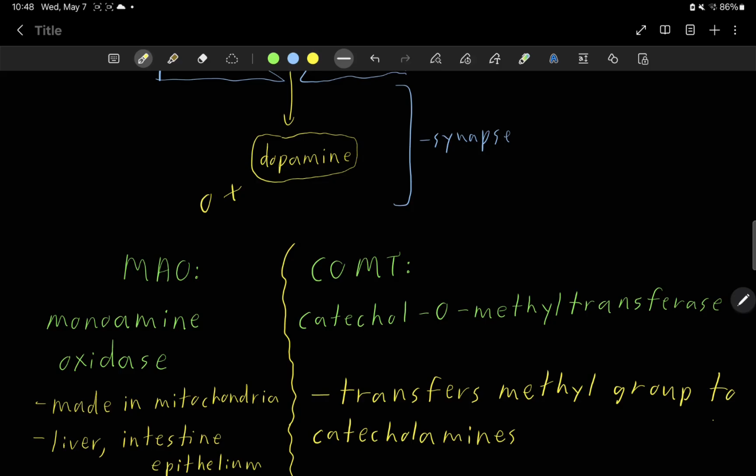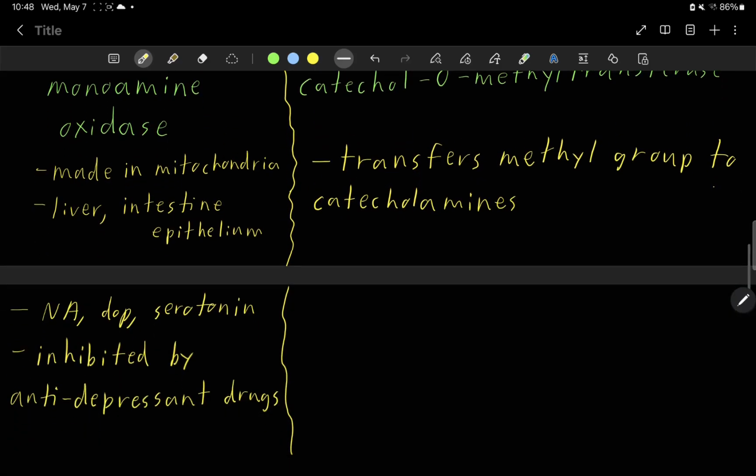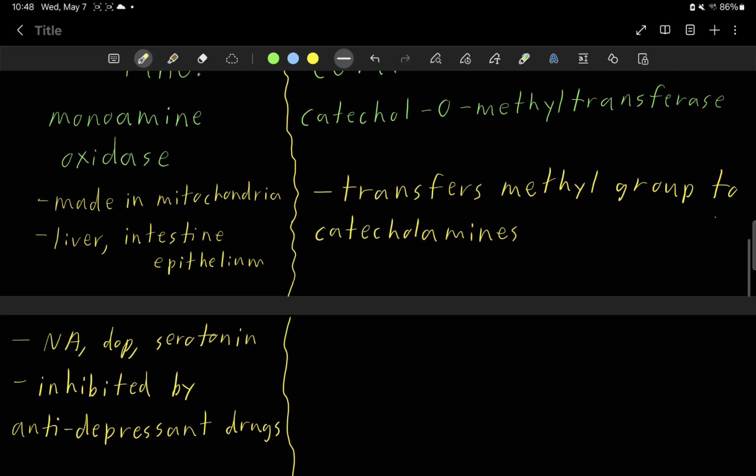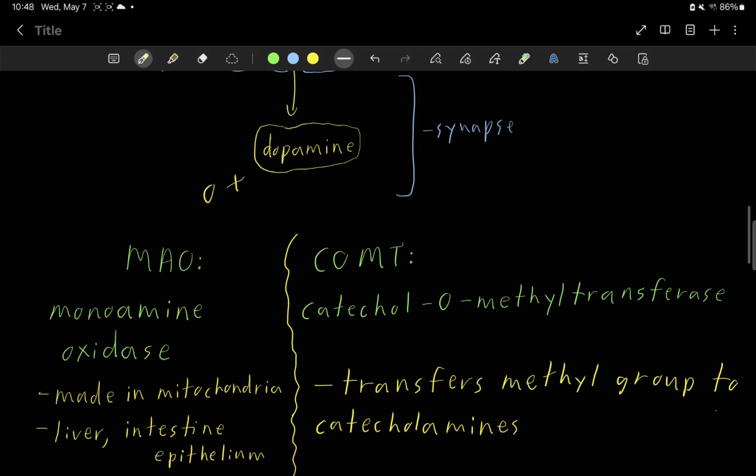And what's interesting is that monoamine oxidase, remember, it terminates the dopamine response, right? Well, some antidepressant drugs can actually inhibit monoamine oxidase. So antidepressant drugs can stop monoamine oxidase from terminating dopamine. So basically, by stopping monoamine oxidase, they stop the termination of dopamine and allow for an increased dopamine response.